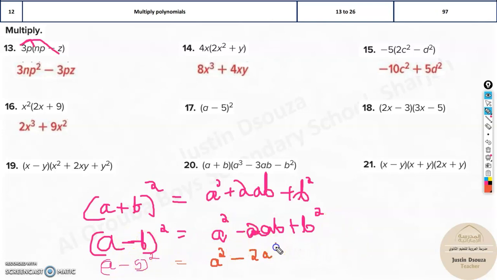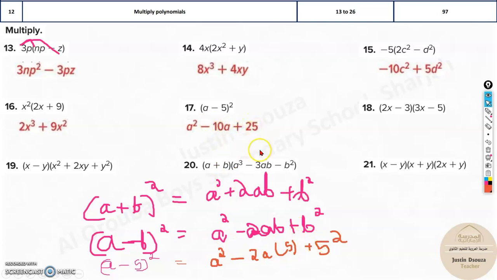B is 5, so you multiply by 5 times 2, plus 5 squared. So it comes out to be a squared minus 10a, and here it will be 25, the last term. So that is the answer: a squared minus 5 times 2 is 10, and a remains, plus 5 squared is 25.